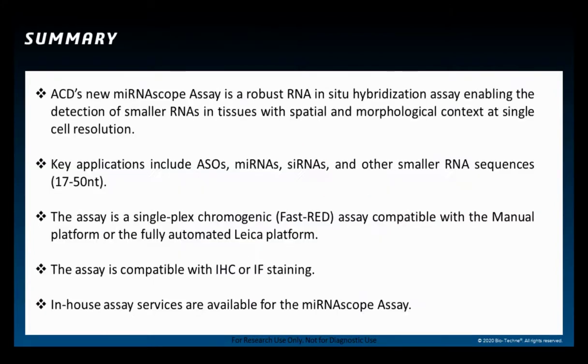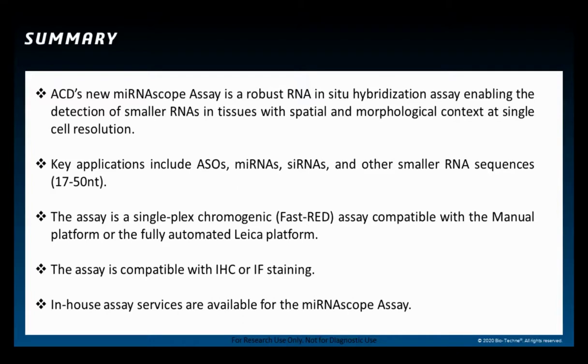To summarize today's topic, ACD's new miRNAscope assay is a robust RNA in situ hybridization assay, enabling the detection of smaller RNAs in tissues with spatial and morphological context at single-cell resolution. Key applications of ACD's new assay include ASOs, microRNAs, siRNAs, or other short RNA sequences that are 17 to 50 nucleotides.